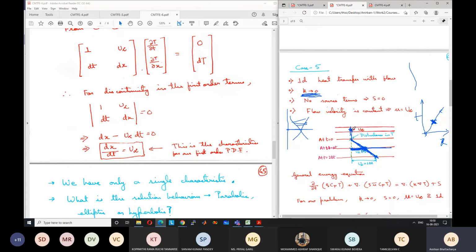So 10 seconds back, if a perturbation was given, at what regions can the perturbation influence this point?